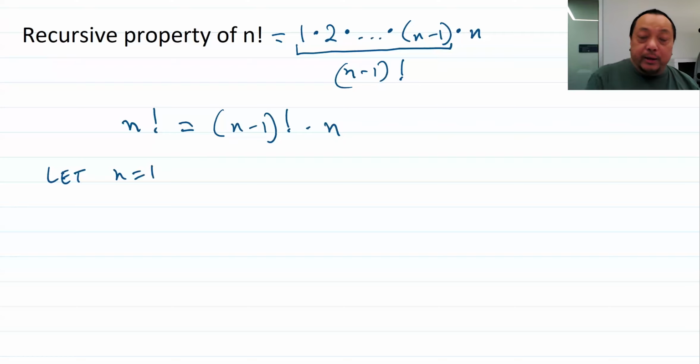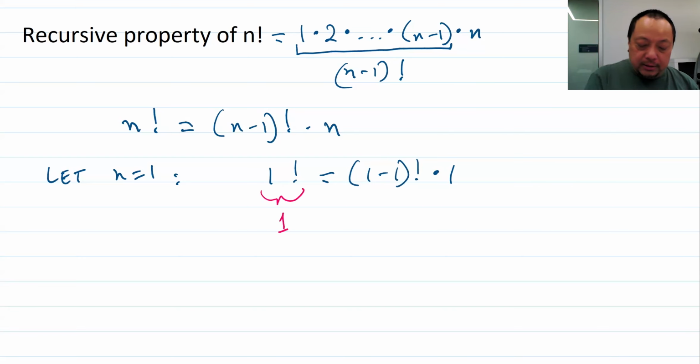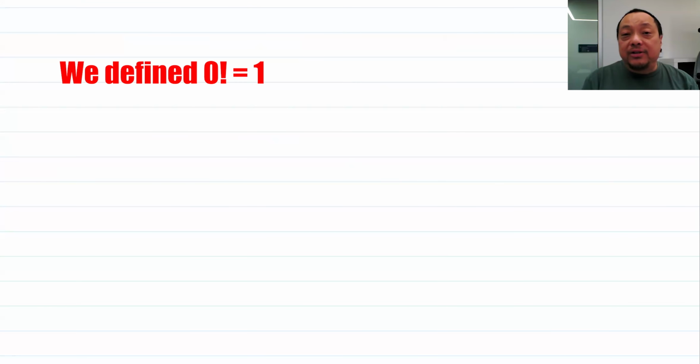Let n equals 1, then what happens? Then 1 factorial is equal to (1 minus 1) factorial times 1. This value is equal to 1. This is equal to 0 factorial times 1. And therefore, 0 factorial should equal 1. All right, so we have all of these different reasons why 0 factorial should equal 1.